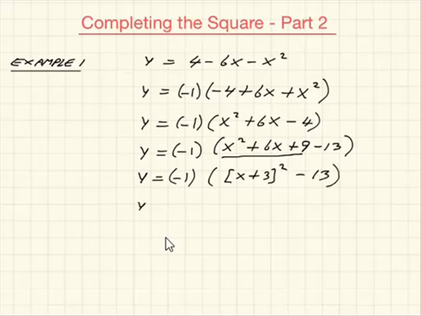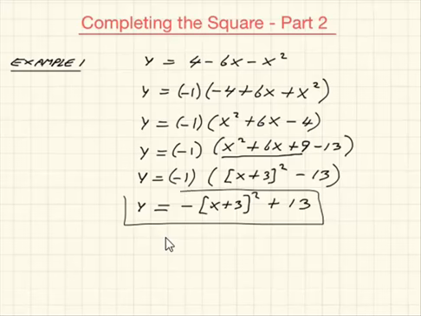And it's at this stage that we get rid of the minus 1 again, so it's minus into x plus 3 all squared. Minus by minus is plus 13. So what we have derived here is the completed square form.